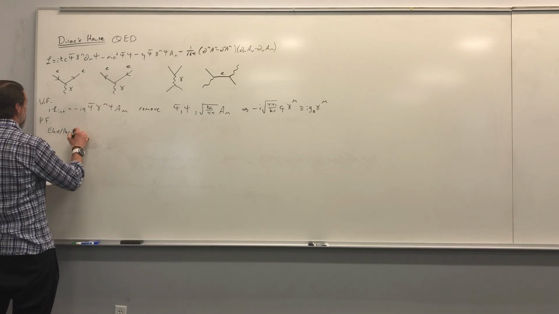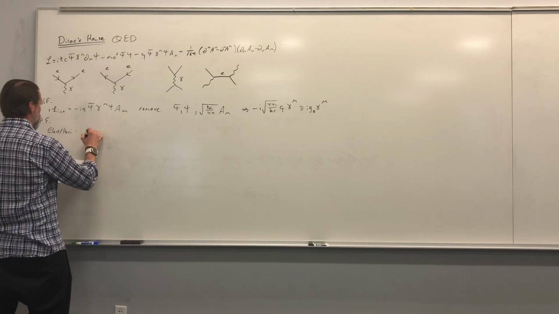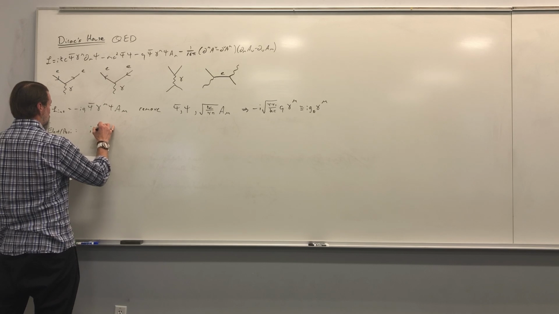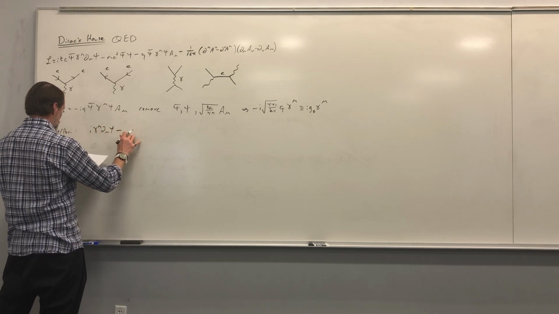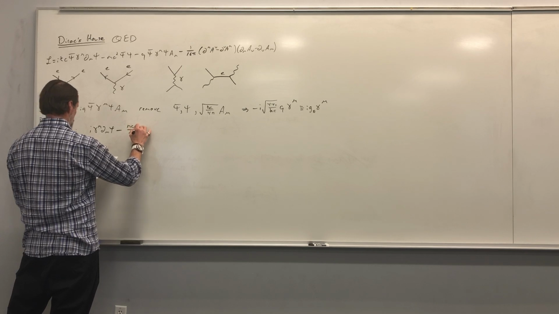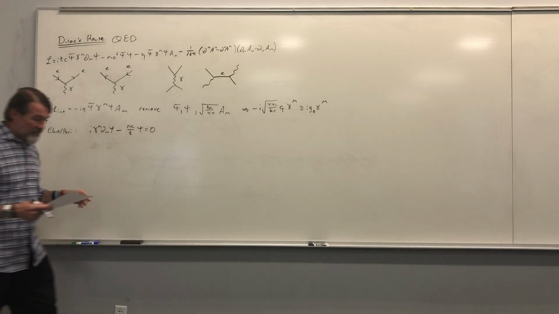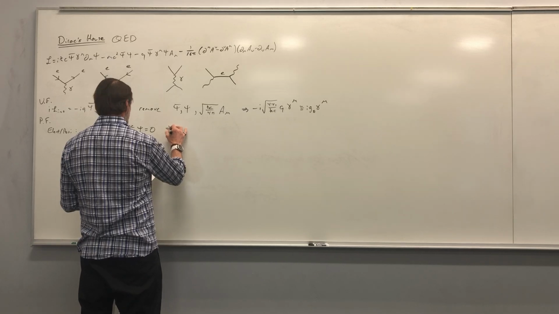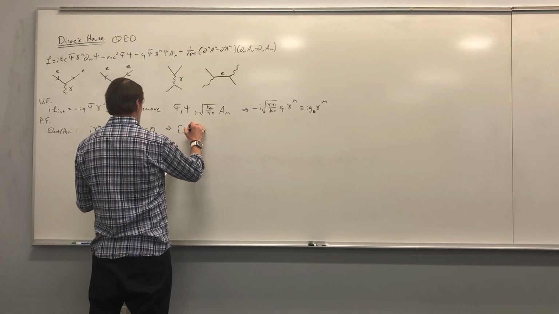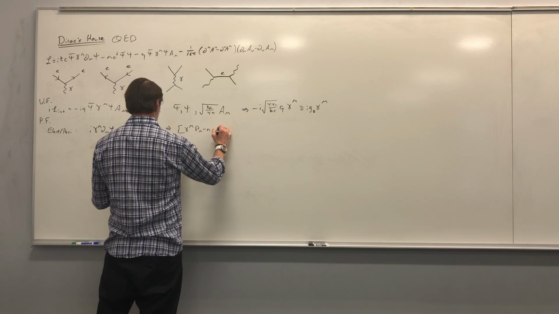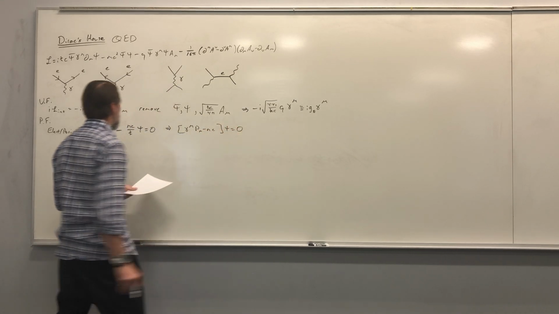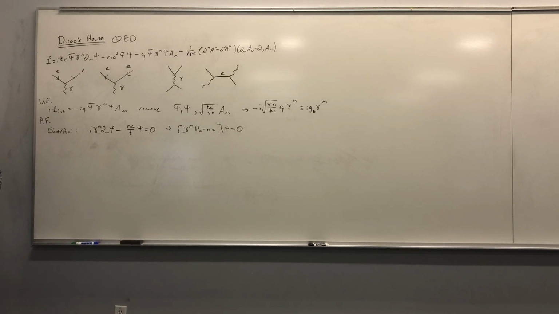So following the prescription that we gave before, we're going to write down the free equation of motion for these particles. And now what we want to do is send this to momentum space and get rid of the h bar factor that arises, in which case this is going to be gamma mu p mu minus mc, psi equals 0. Remember, we just replaced d mu with minus i over h bar.